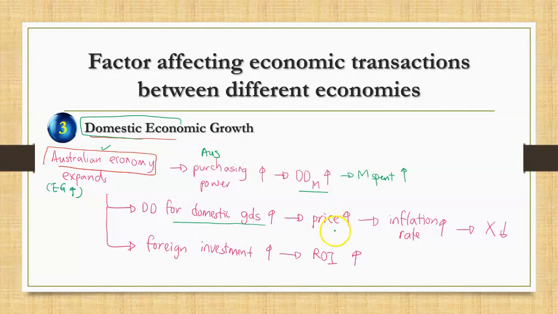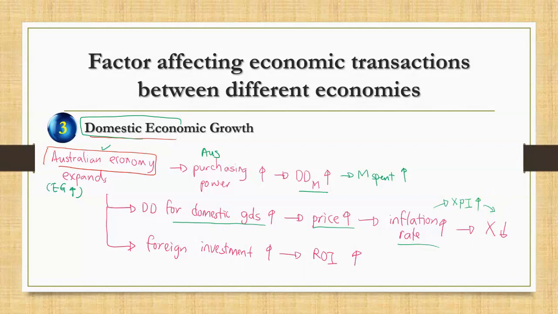In that case, it will result in higher pressure on prices, because higher demand means higher prices. Then it will push the inflation rate upwards. Of course, it will cause our export price to increase. The export price index will increase. When export price increases, demand for exports would fall.